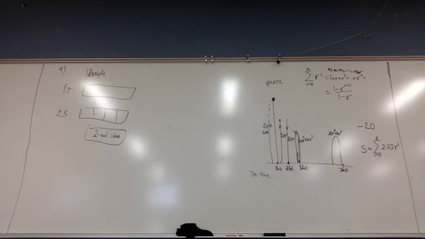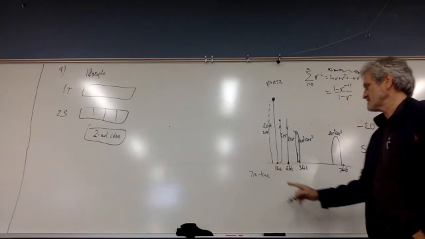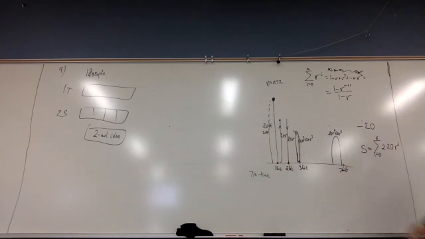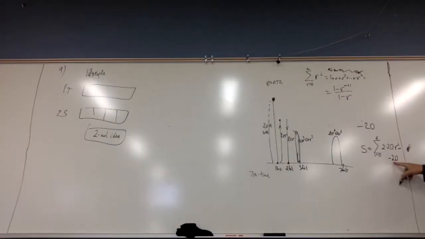Everybody okay with this? When I equals 0, this is the first part. When I equals 6, this is the 7th part. From 0 to 6, there are 7 steps. Of course, don't forget to subtract the 20. Can you see it here in the corner? Yeah, I can. Good.